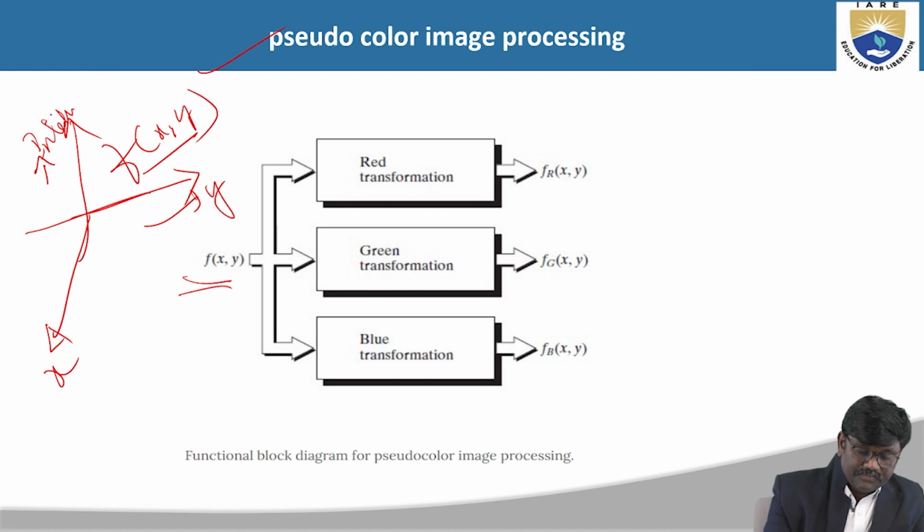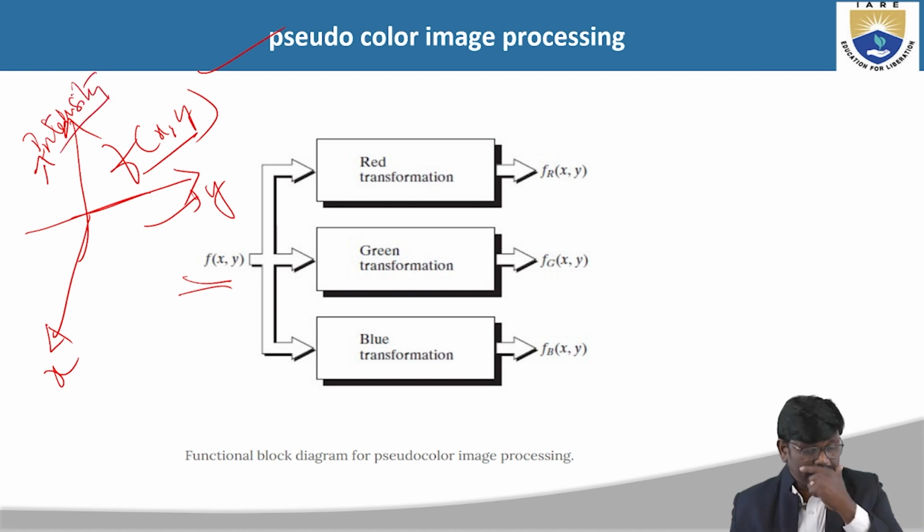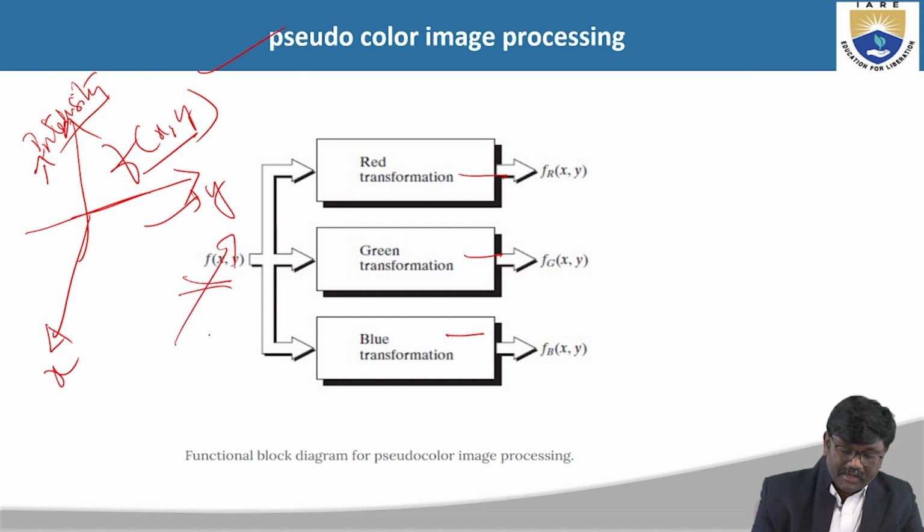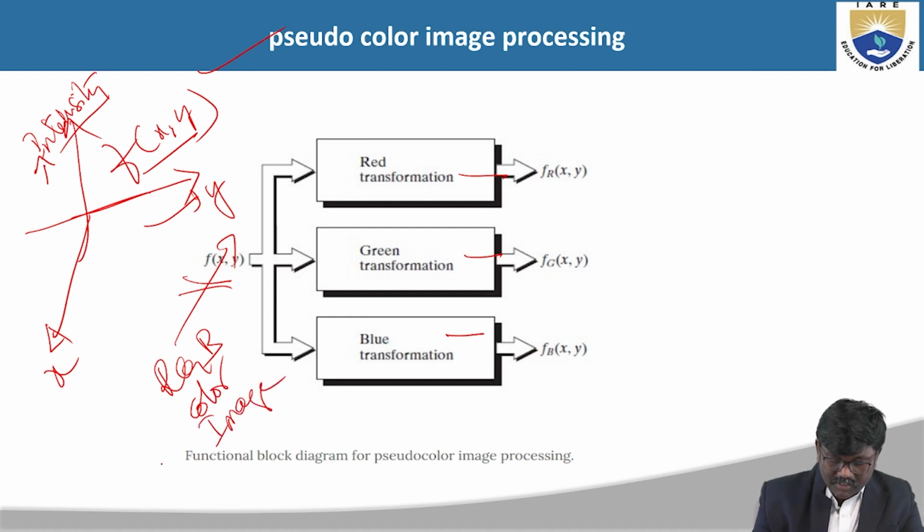Slicing varies. So we have red transformation, green transformation, blue transformation. Obviously, your f of x comma y gives a 100% RGB color image. That is what this diagram says.